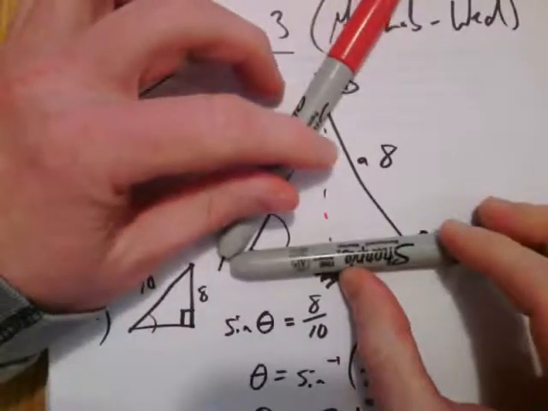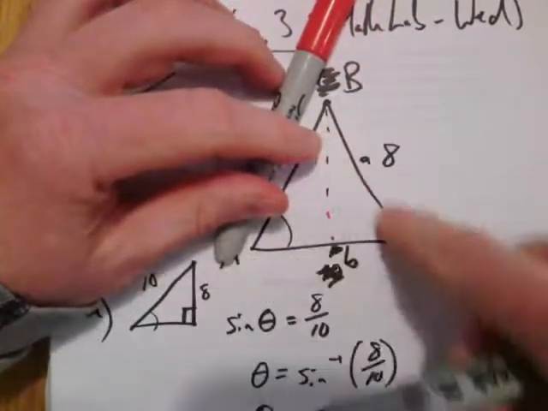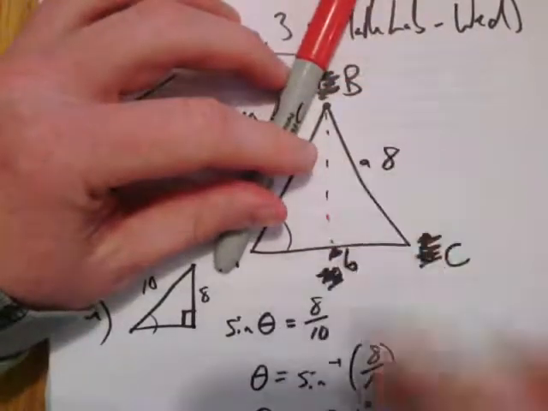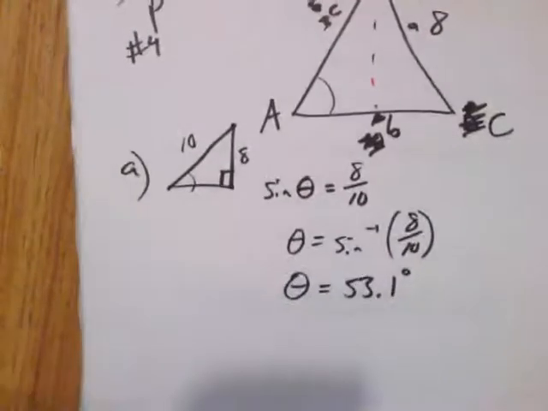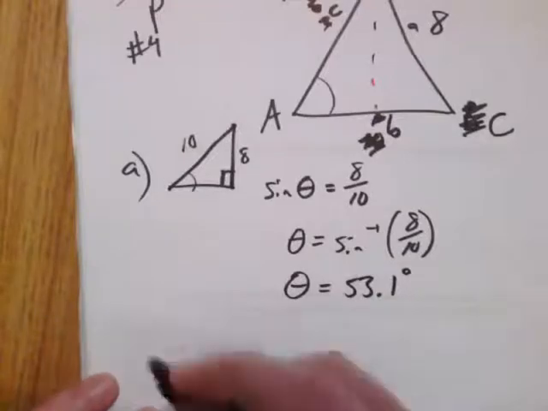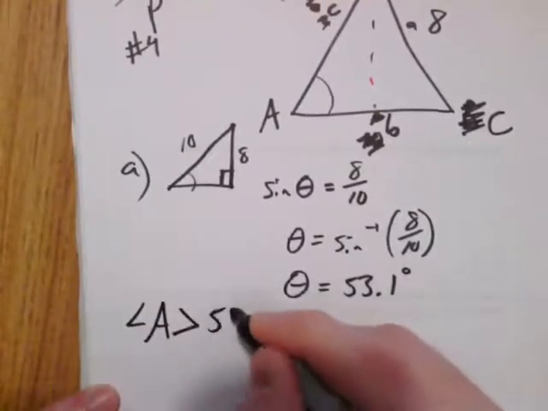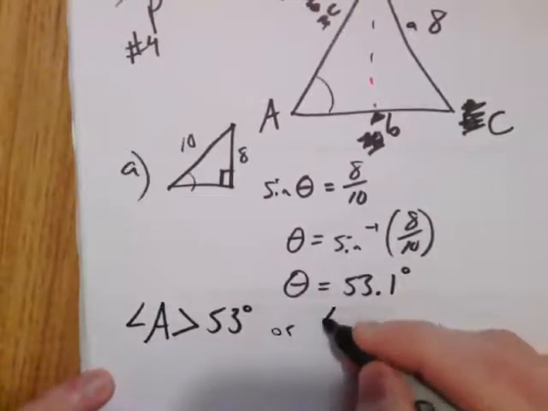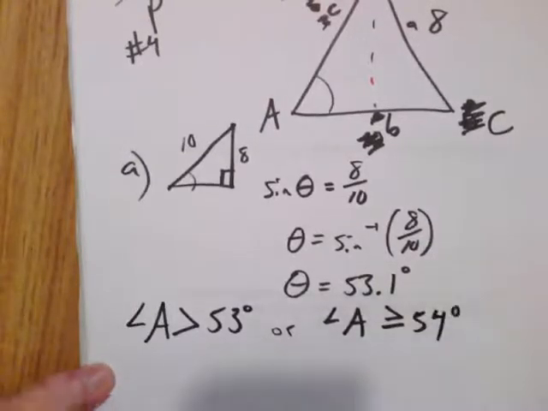As soon as you make it a little bigger, 54, 55, imagine this side hanging down where that dotted line is. It's lifting it further away, so that makes the triangle impossible. So your answer to A is that angle A would be greater than 53 degrees. Or, because it wants the nearest degree, angle A is greater than or equal to 54 degrees.